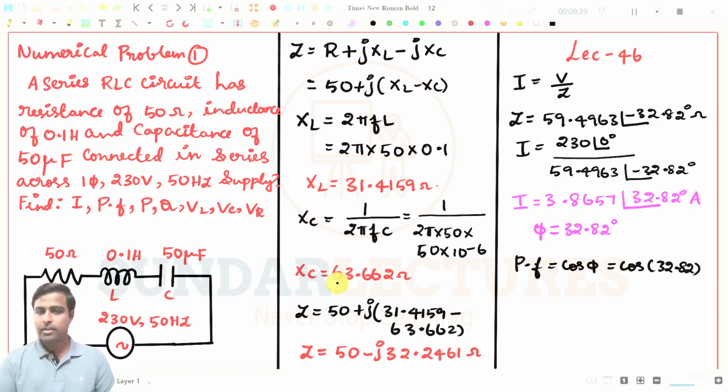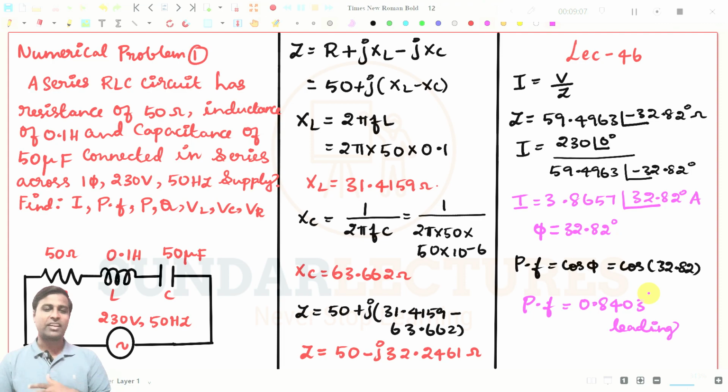If I simplify this, I will get power factor equal to 0.8403, and you have to write that this power factor is leading. Since the current is leading, we always write this is the leading power factor. If the current is lagging, then we will write it as lagging power factor.